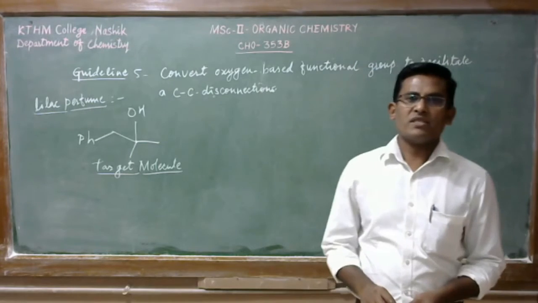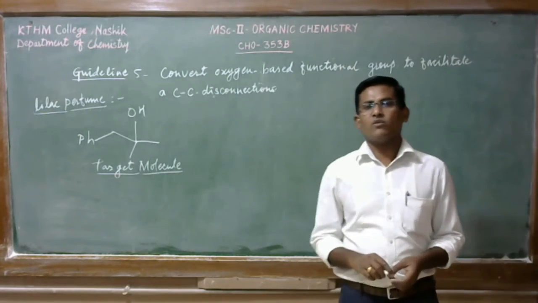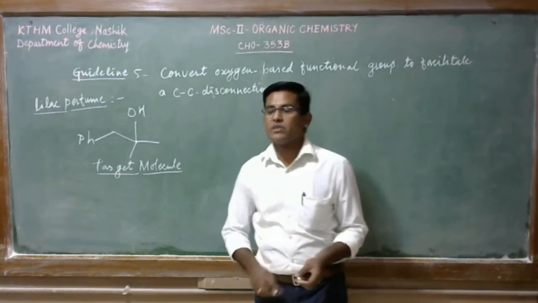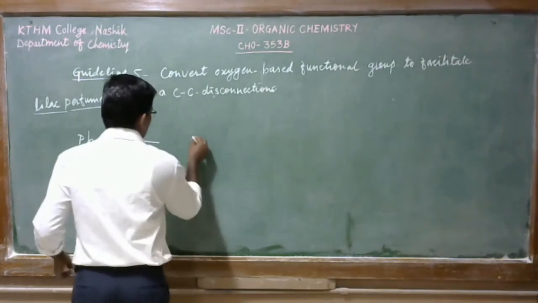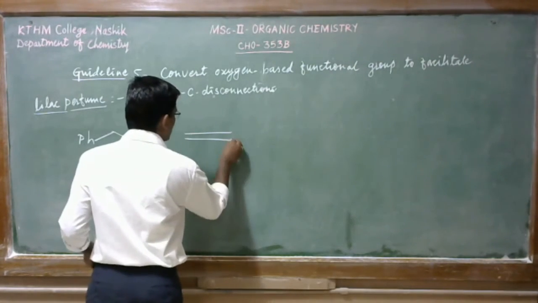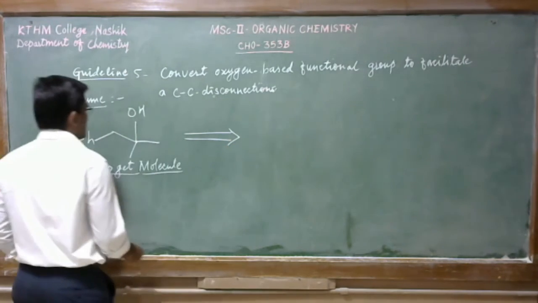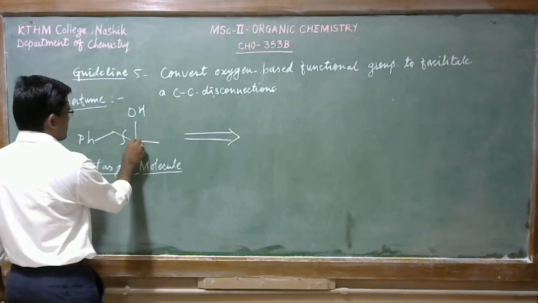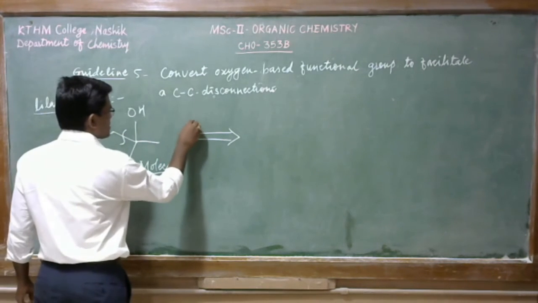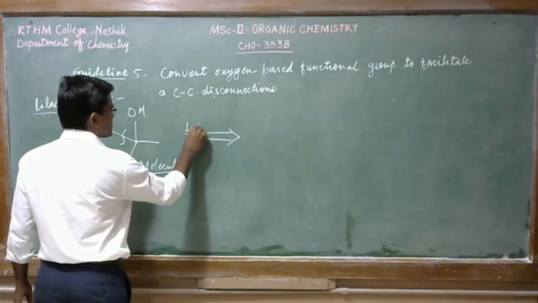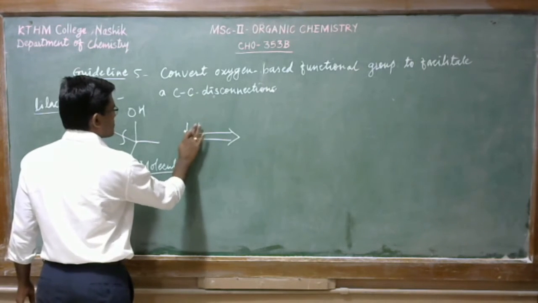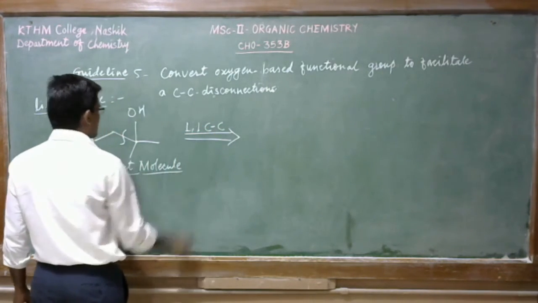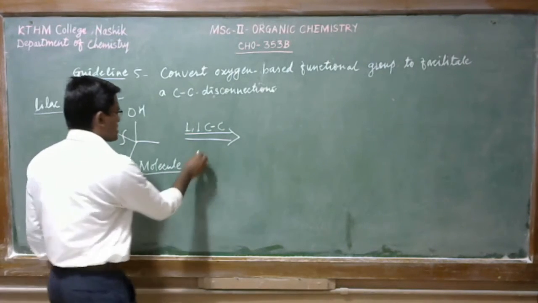So it's an obvious disconnection next to the alcohol, next to the carbon. So let us put this retrosynthetic arrow, and when you break this bond, this is a 1-1 carbon-carbon disconnection.